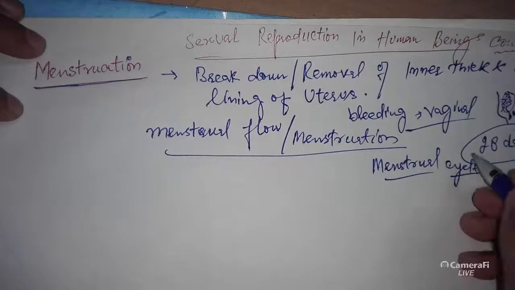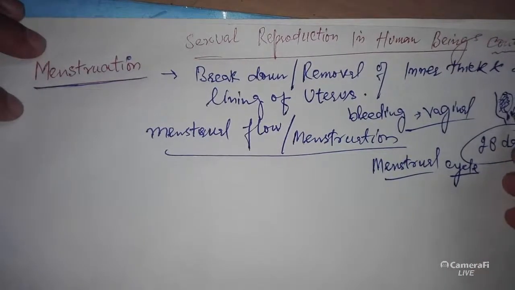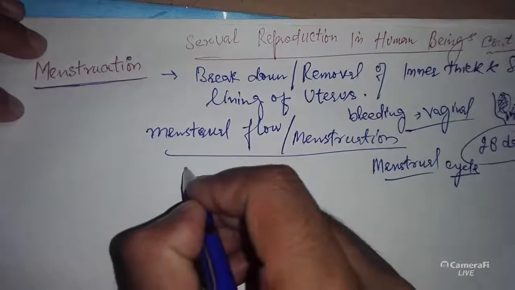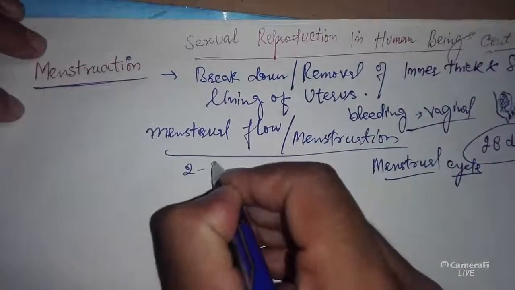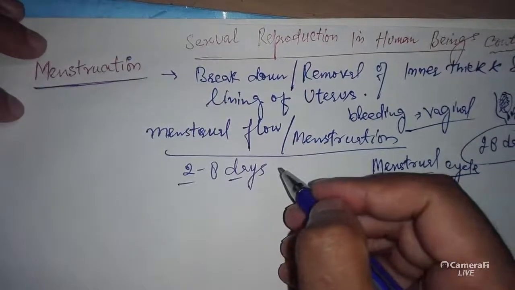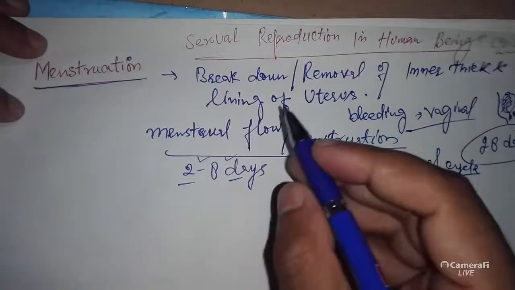The bleeding can last from 2 to 8 days. It differs from woman to woman, so it can differ from 2 to 8 days.